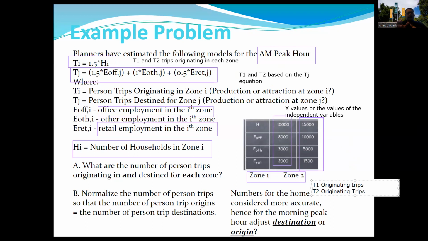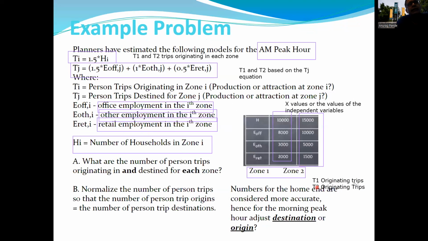If trips start at a location, we call it the production. So if trips originate in a certain zone, they start in a certain zone, we call it a production of trips. And if trips end in a certain zone, we call it the attraction of that zone.